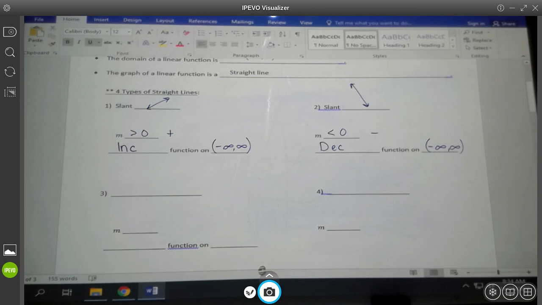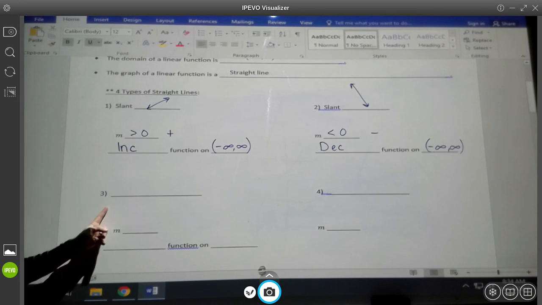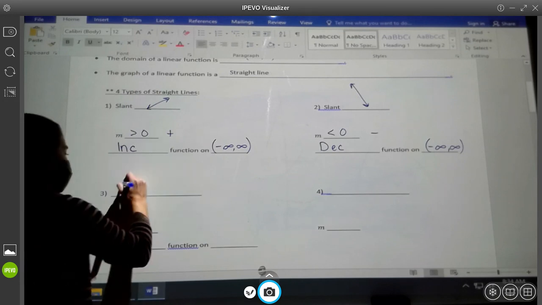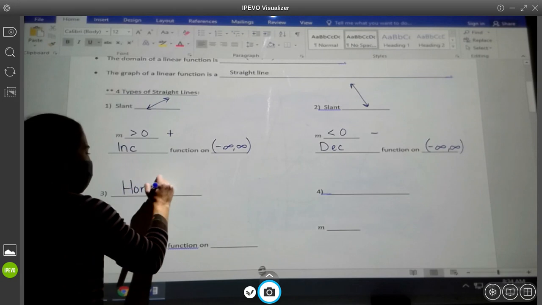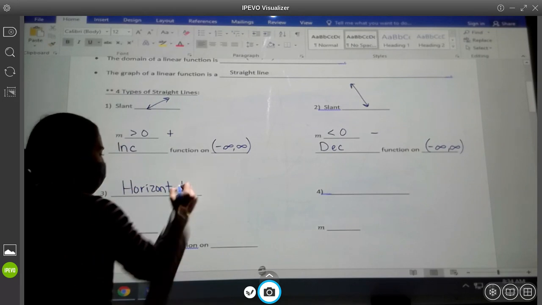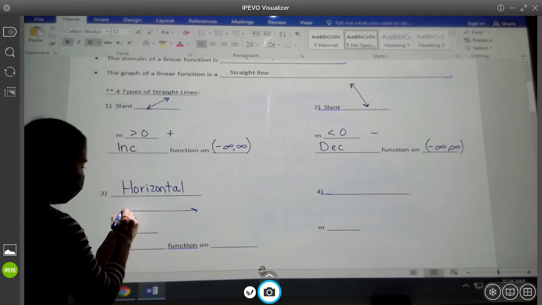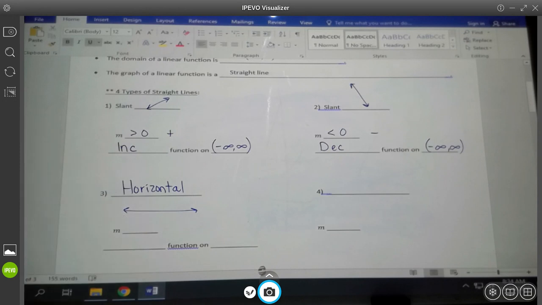The third thing a straight line can do is be horizontal. Those are our 2 special straight lines. If you are a horizontal line, anybody remember what the slope of a horizontal line has to be? It has to be 0. It's a flat line.